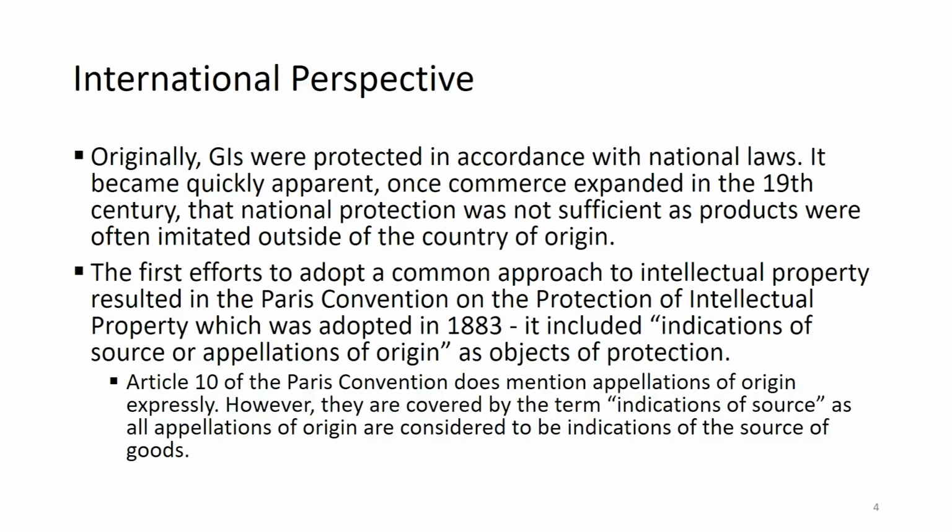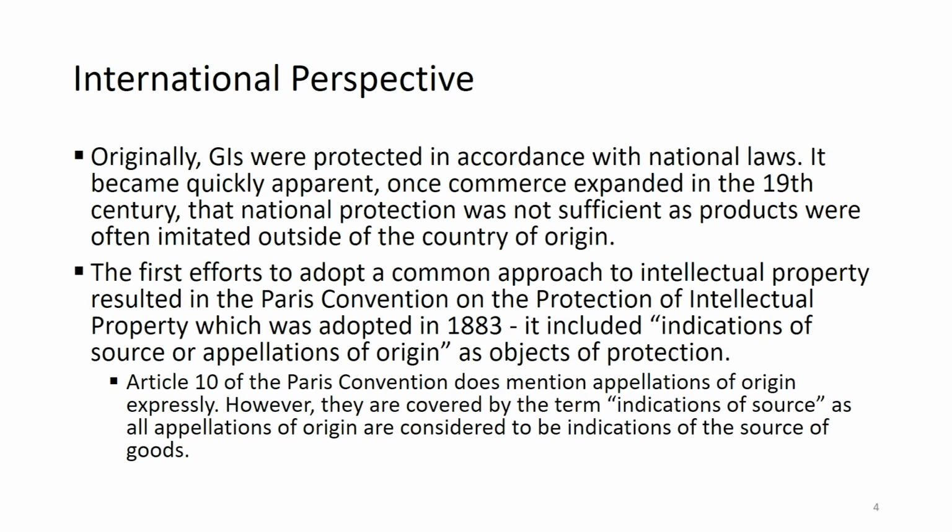Originally, like any other form of IP, geographical indications were protected according to national laws. But as we started realizing that misappropriation was taking place internationally, with the expansion of commerce in the 19th century, national protections proved to be insufficient, because much of the violation of geographical indications used to take place in countries outside my country.